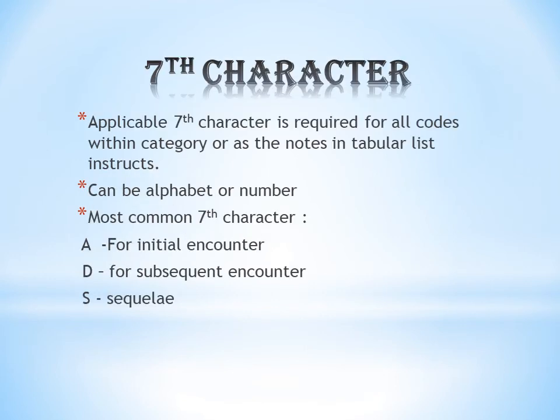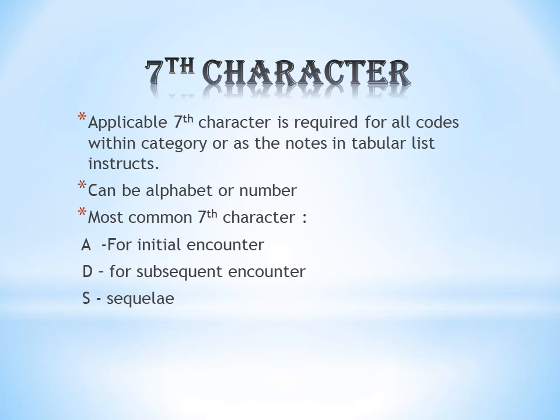Next one is the seventh character. I said an ICD code has a maximum of 7 characters. The applicable seventh character is required for all codes within a category or as the notes in the tabular list instruct. That is where we can find the seventh character.